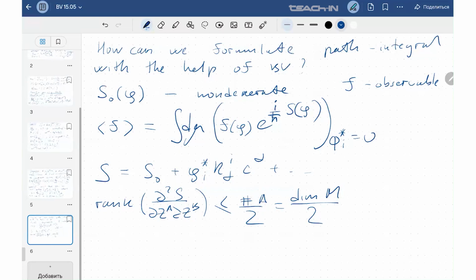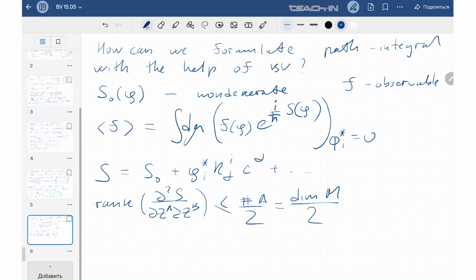Because the problem is that if the object which we integrate is degenerate, which means it has gauge symmetries, then the path integral is not well defined, because we integrate along the direction on which the integrand doesn't depend, and we apparently get infinity. In naive terms, we integrate over gauge orbits, but gauge orbits are infinite, and it gives us undefined expressions.